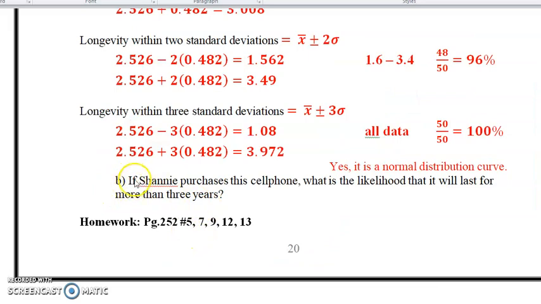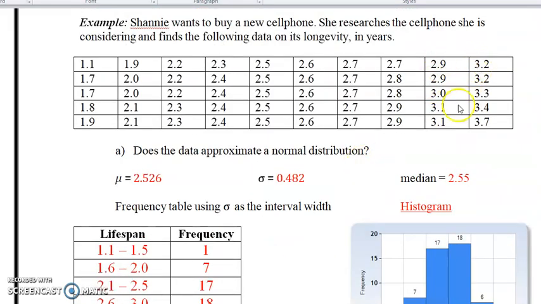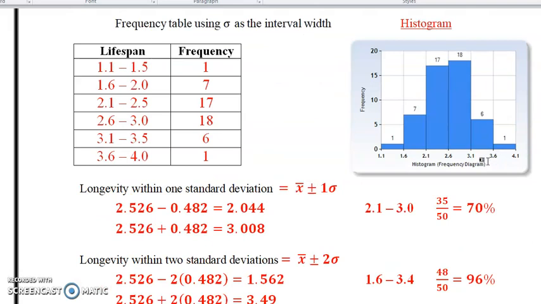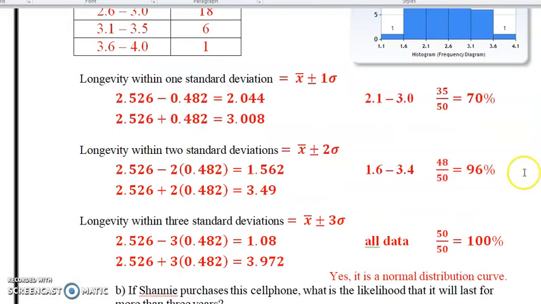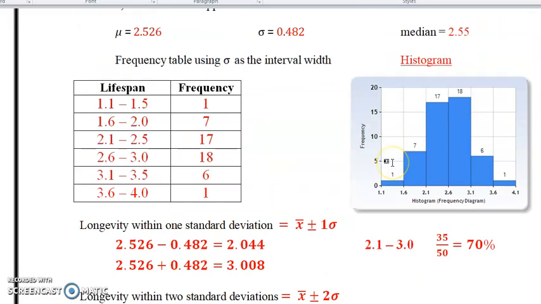So our final question says, if Shanny purchases this cell phone, what is the likelihood that it will last for more than 3 years? So more than 3 years are all of the data here. And we can do that using our percentages, right? So more than 3 years, what is the percentage of data that falls in there?